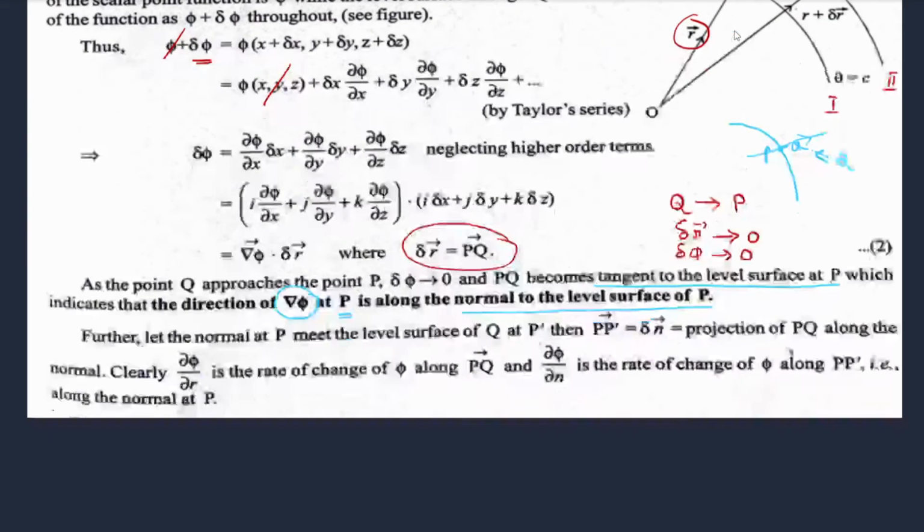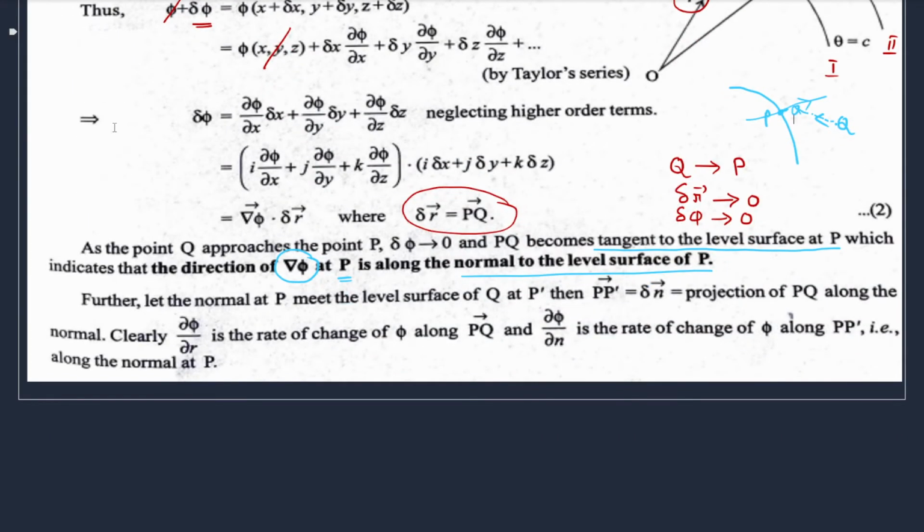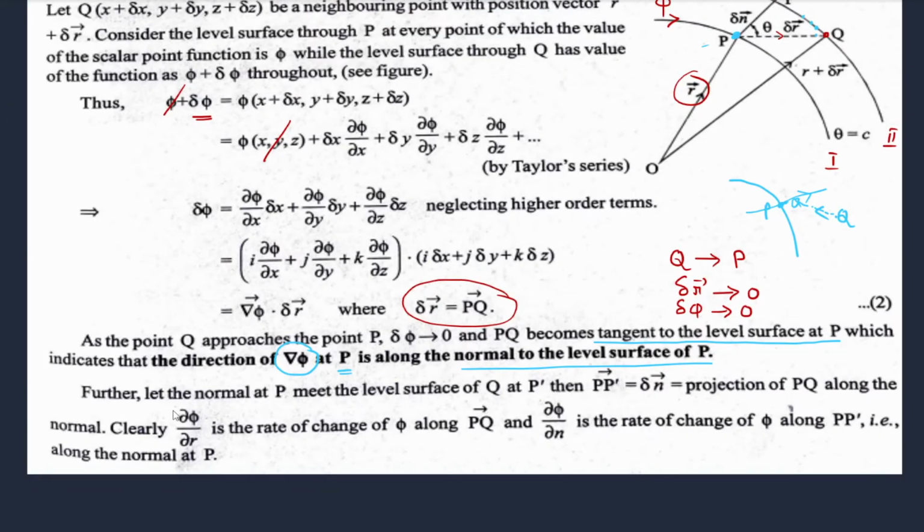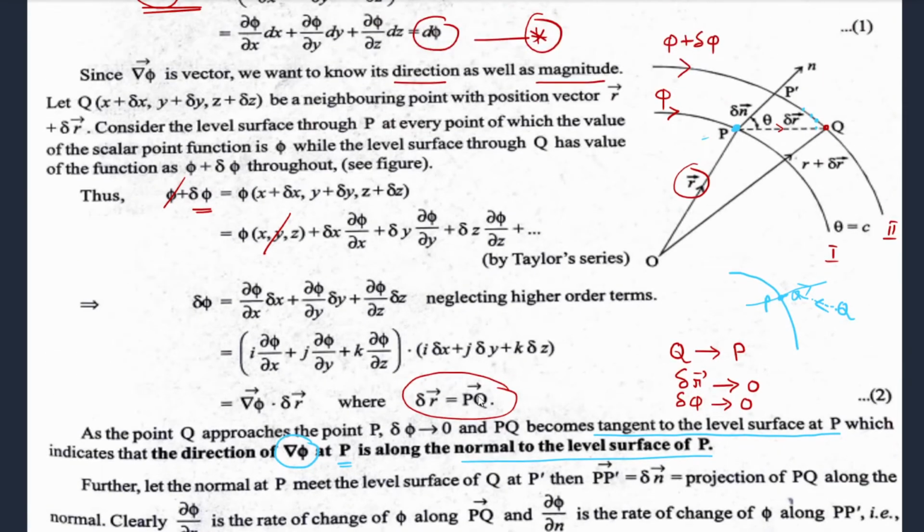Now let us come to the next part. Further, let the normal at P meet the level surface at Q. This is again one important thing. When Q moves in this direction, the distance between P and Q is gradually decreasing.